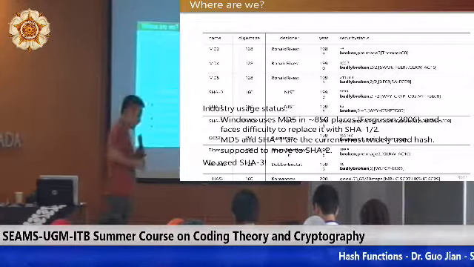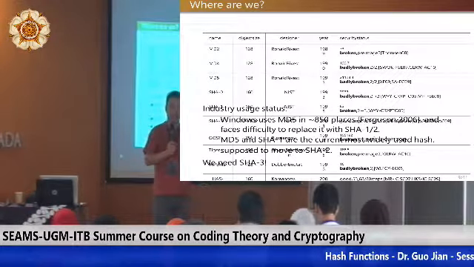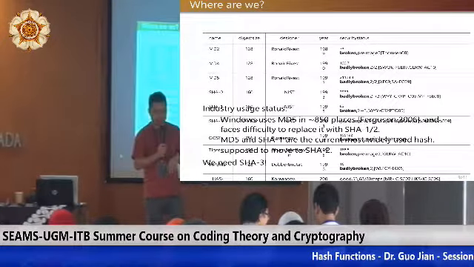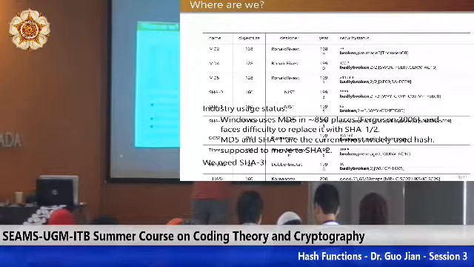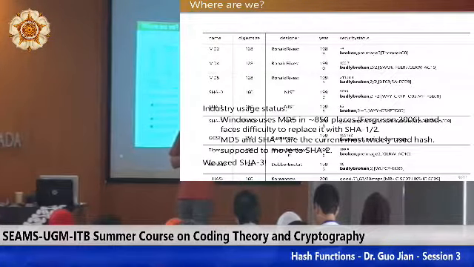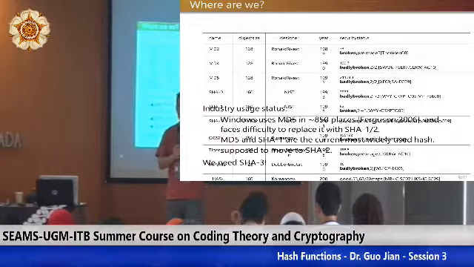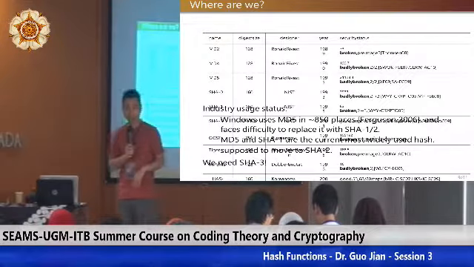And there was a concern: you can see the SHA family is really weak and broken, and we are supposed to move to SHA-2. The thing is, the design principle of SHA-2 follows the same design principles as SHA-0 and SHA-1. So there was a concern that there might be some problem in SHA-2 as well.